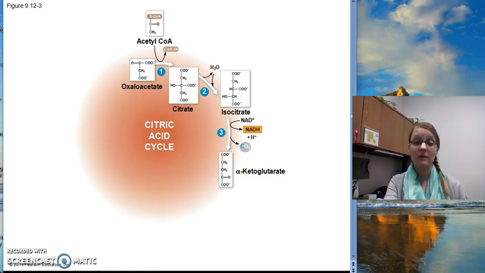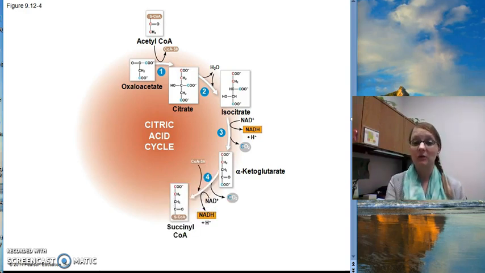So now we've gone from a 6 carbon molecule, we've lost one of the carbons, and we're down to 5. The next step is essentially a repeat. We're going to take some more of those high energy electrons, and we're going to lose one more of those carbons from the 5. We're getting closer to our 4 carbon oxaloacetate. The remainder of the steps is really remodeling that 4 carbon molecule.